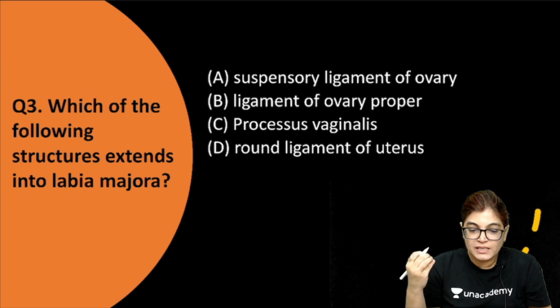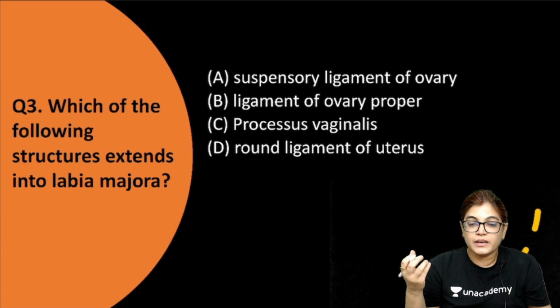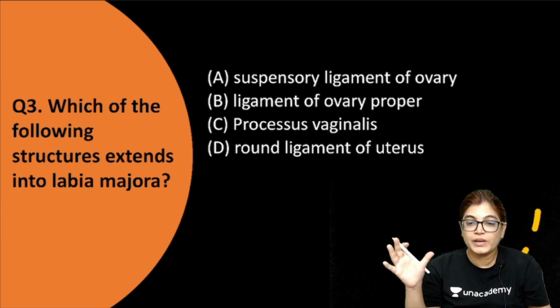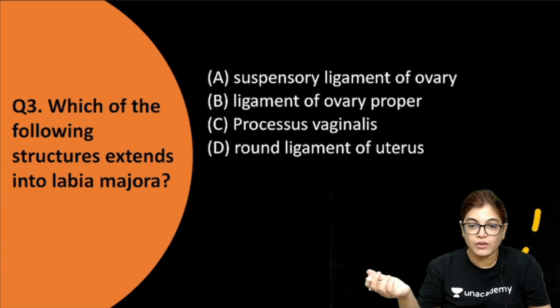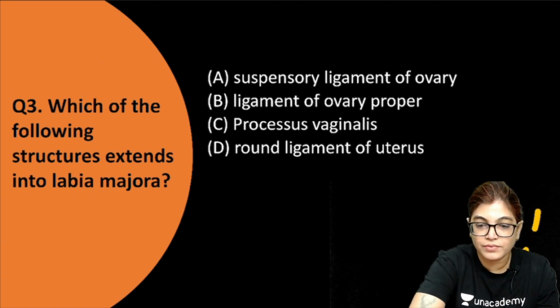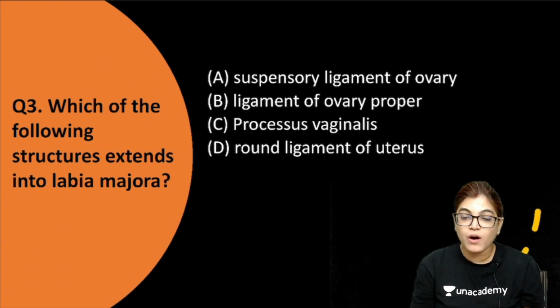For the proper explanation of this, if you are comparing the descent of the ovary and the testis, the descent of the ovary is less in comparison to that of the testis, and it lies at the level of the rim of the true pelvis.